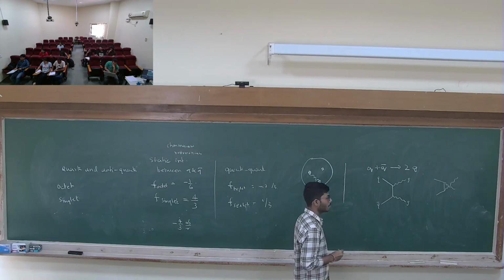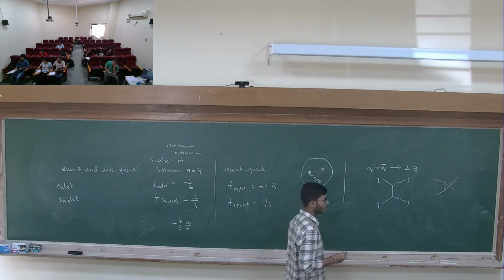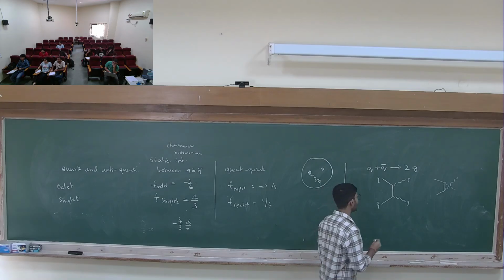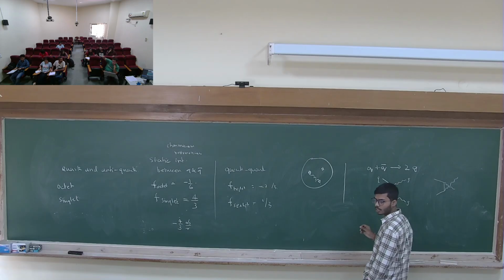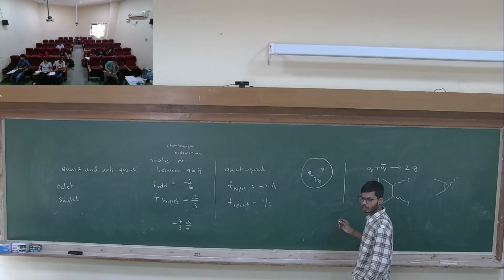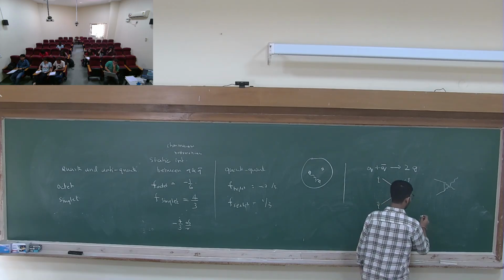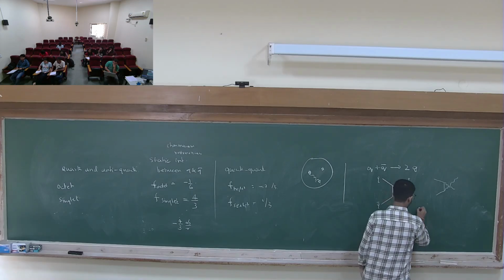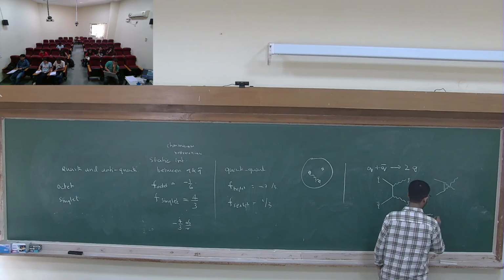There's a third diagram here, which Miss Durba has just told you. She gave you a hint. Please draw it. Very good. So Q Q bar touch and produce a gluon. Q and Q bar will touch. Very good. Produce a gluon. And this gluon can then split into two gluons.